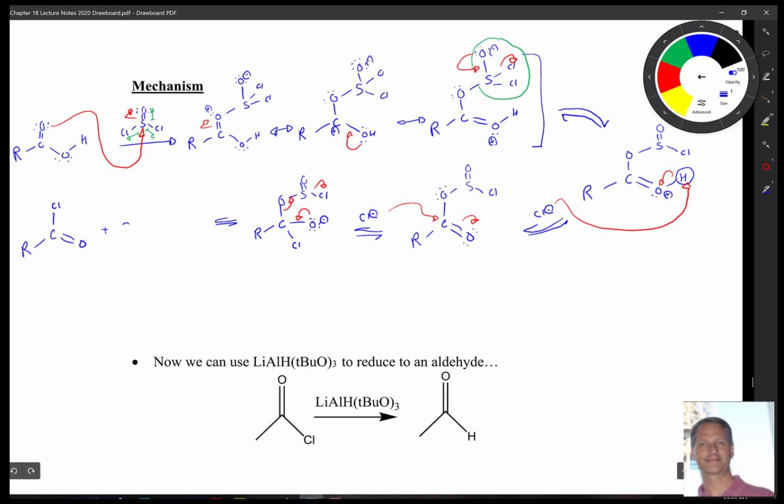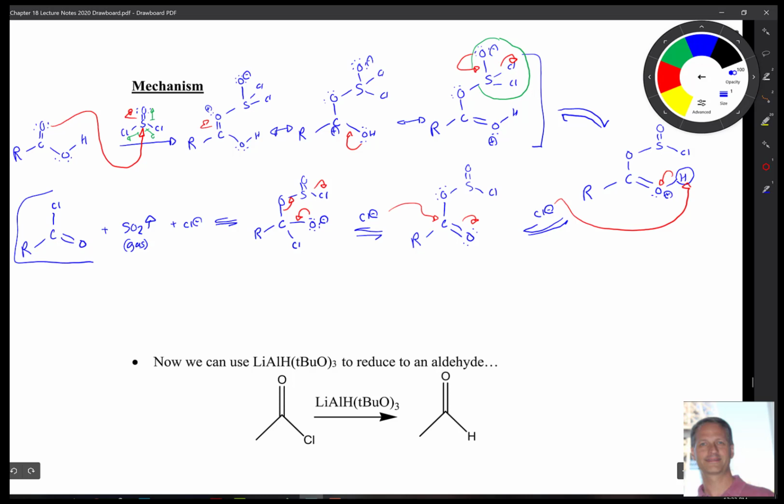All right, and then we're going to get SO2. And SO2 is a gas. That's what that arrow up means. And Cl minus. Sometimes books will write HCl in there. All right, so in the end, we end up getting our acid chloride.